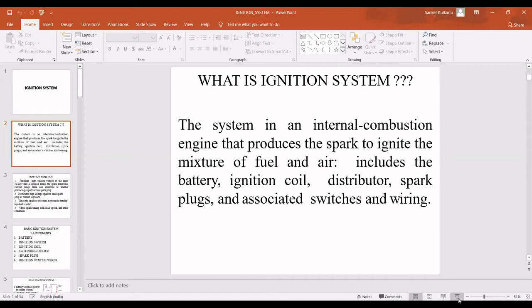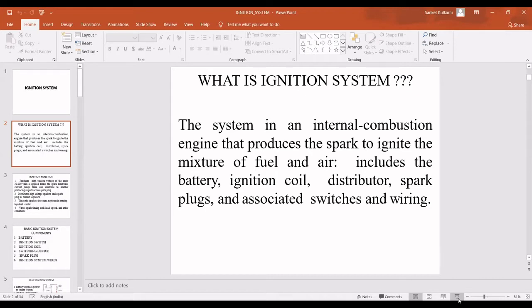Now coming to compression ignition engines or diesel engines. During the suction process, air alone is inducted into the engine cylinder through the inlet valve. After completion of the suction process, the air is compressed during the upward movement of the piston from BDC to TDC.